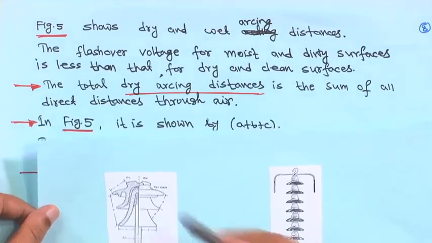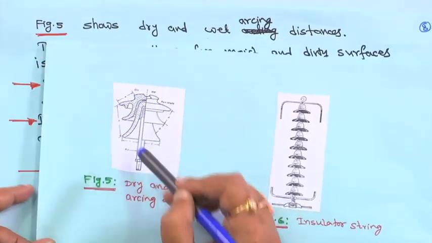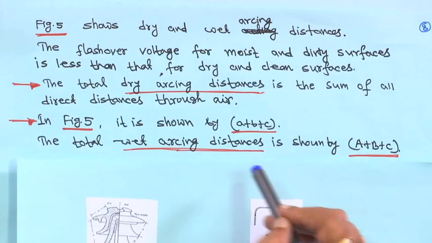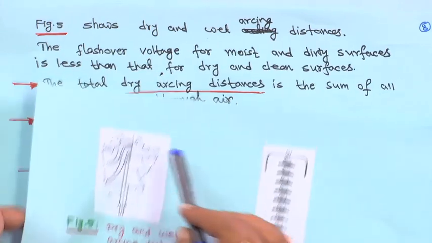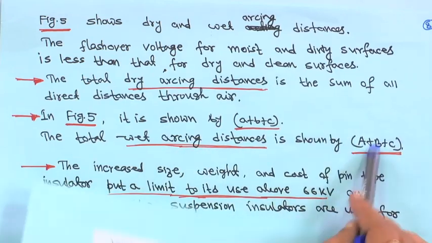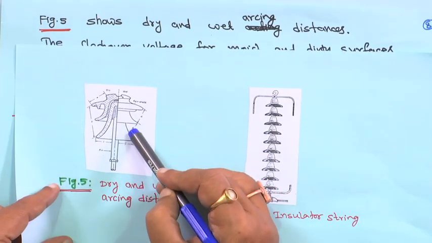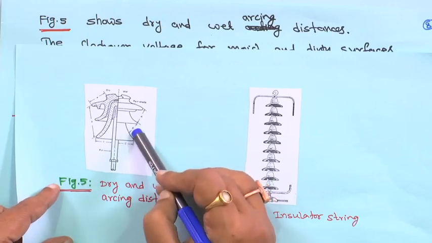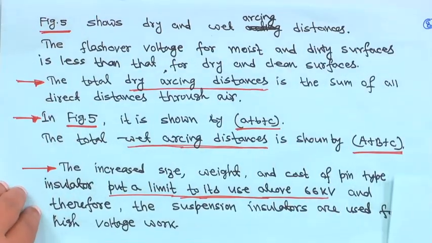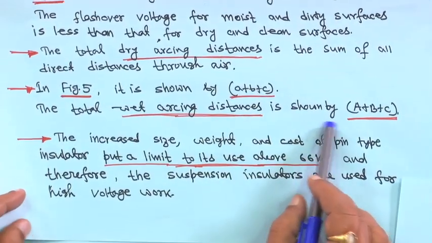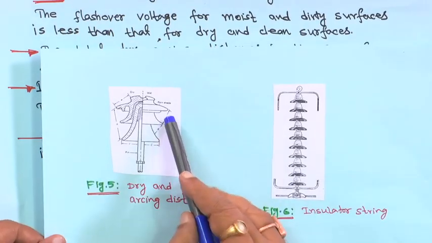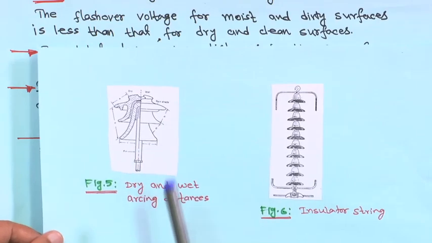So, this one is A, this is B and this is C, and the total distance is A plus B plus C. For the wet arcing distance, the total should be shown by capital A plus capital B plus capital C in this figure.